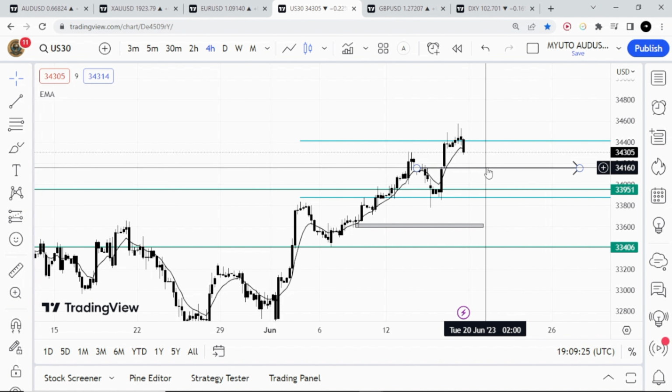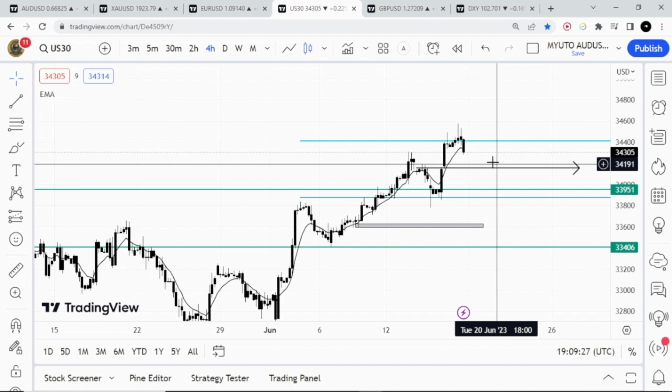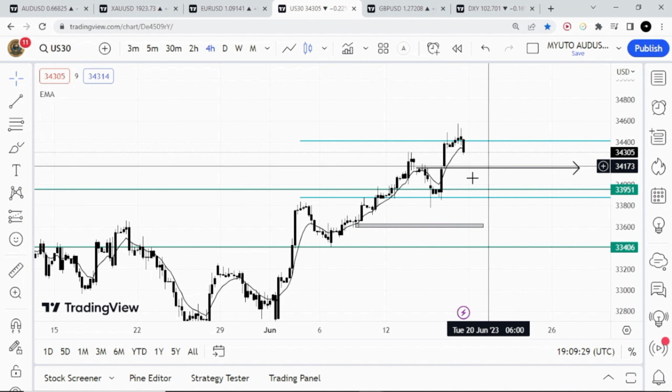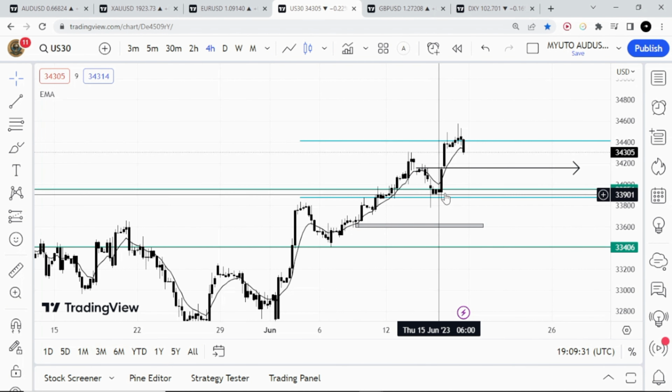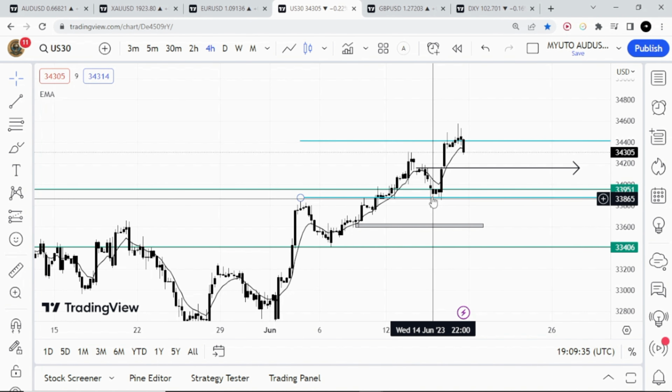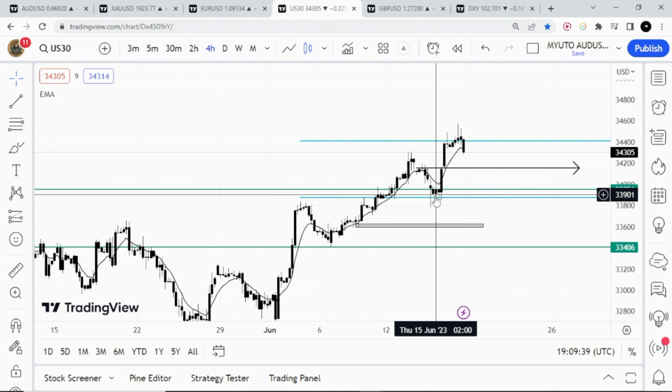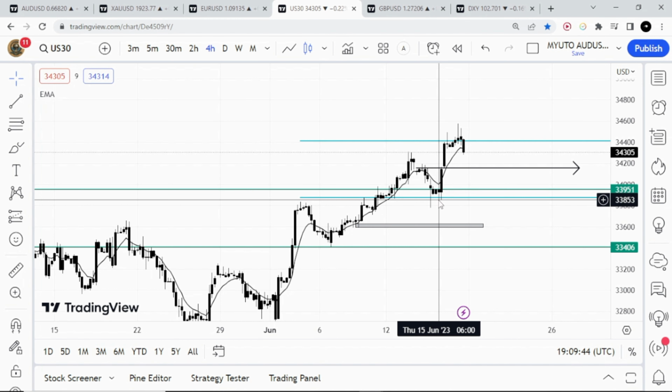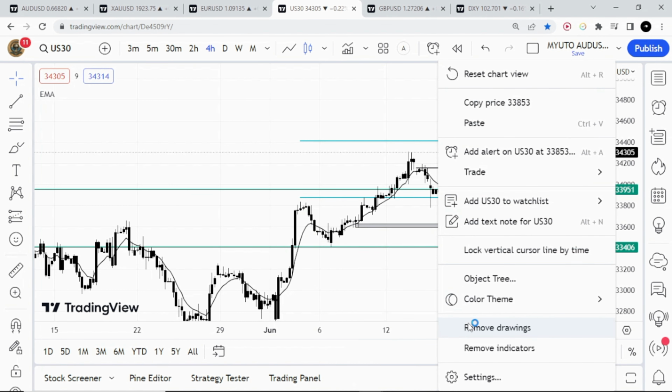If we do not have a significant rejection from this level, we may see price come down to this demand zone here. As you can see, we have an order block here. Let me just add color for you guys so that you may see.